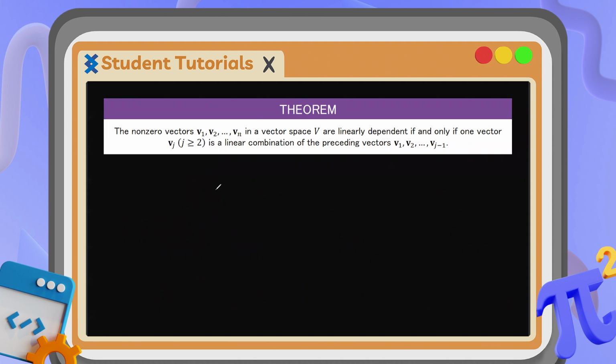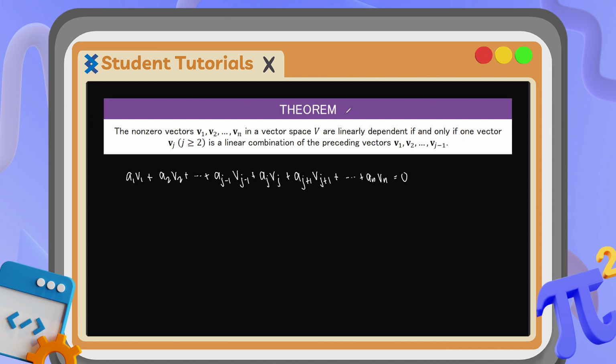Another theorem is that non-zero vectors in a vector space are linearly dependent if and only if one vector is a linear combination of its preceding vectors. So when we try to create the linear combination for this one, we have A1 V1, A2 V2, A sub j minus 1 V sub j minus 1, A sub j V sub j, A sub j plus 1 V sub j plus 1, until A sub n V sub n.